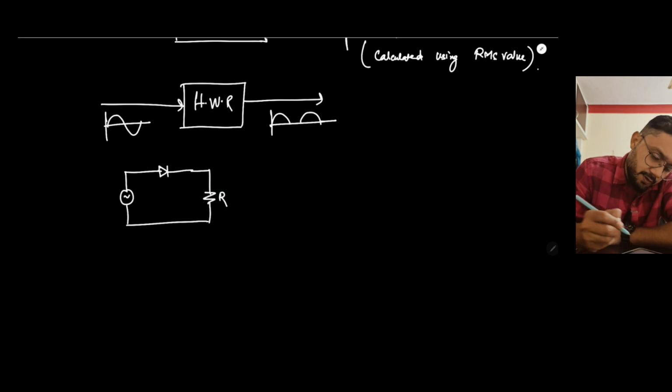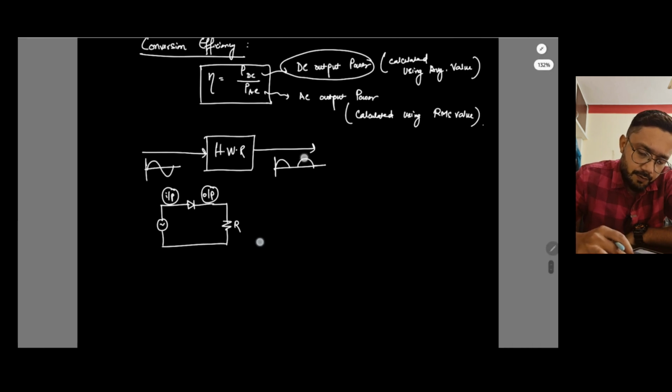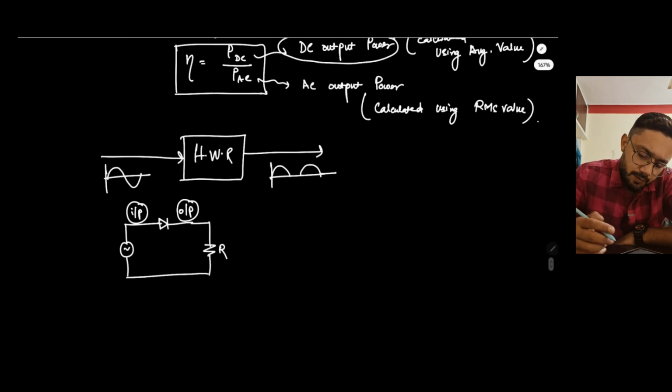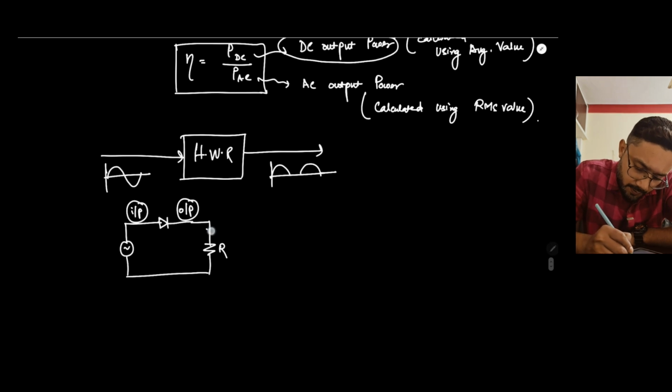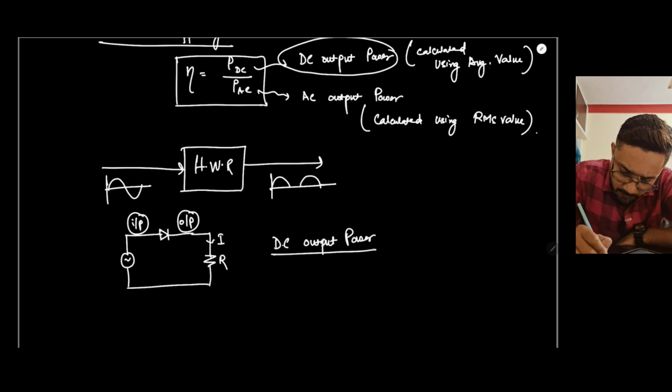Suppose this is the R load, this is the rectifier output, this is the rectifier input. Suppose this is the current. So here, the DC output power, who consumes the output power? The resistor. Okay, and what is the formula of the power absorbed by the resistance? It is I square R.